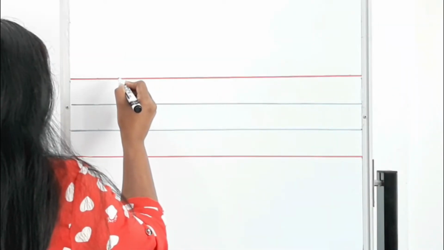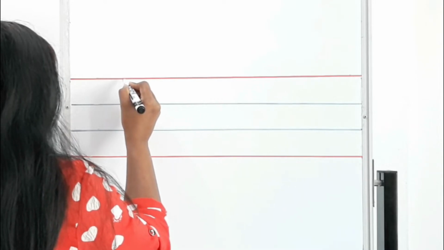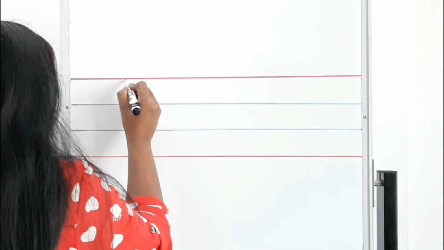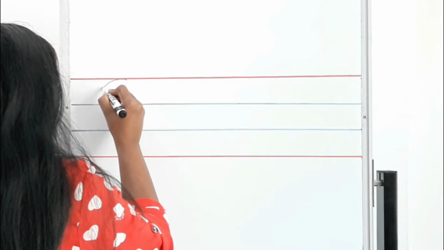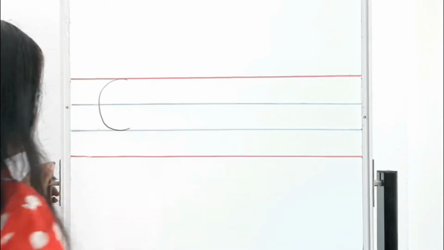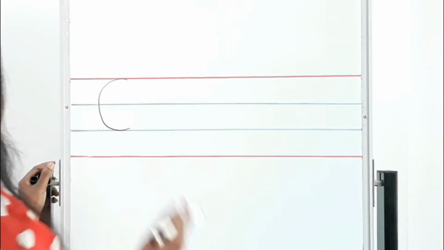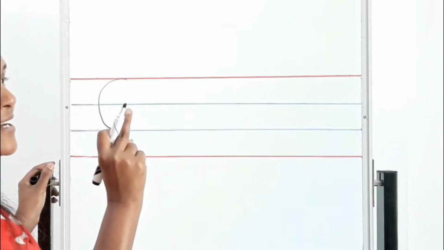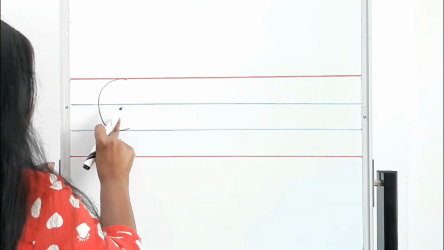Now I will show you how to write uppercase C. We start uppercase C from the headline and it goes to the second tummy line, around and stop. When you see this letter, which curve comes to your mind? Open curve.